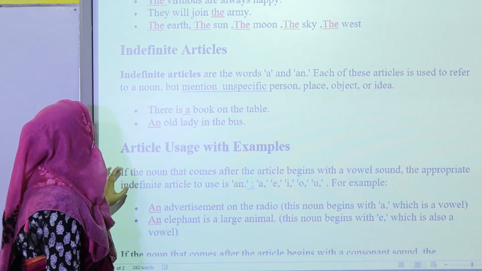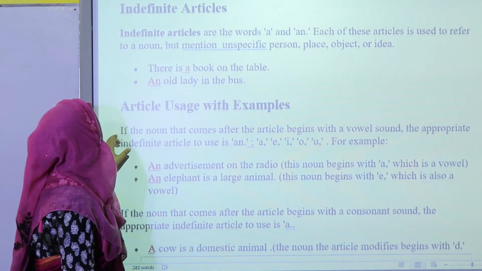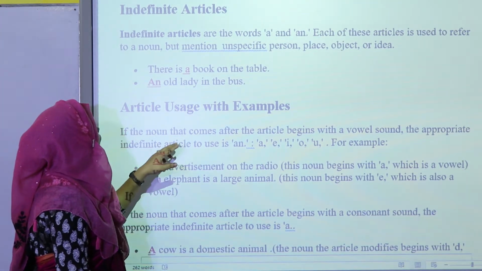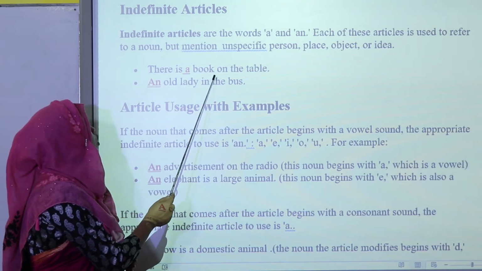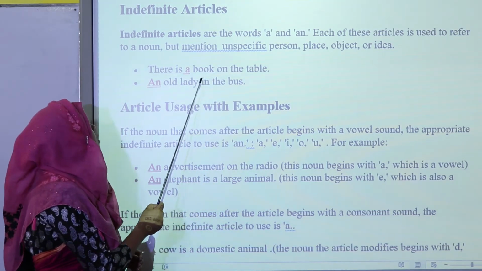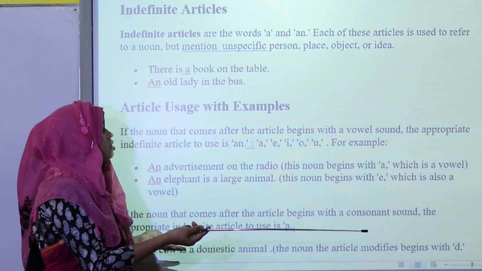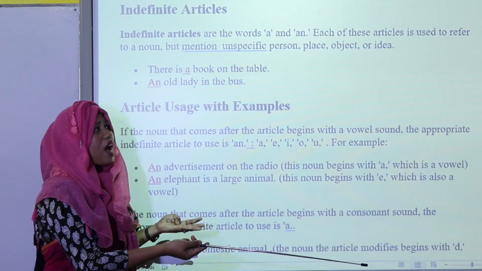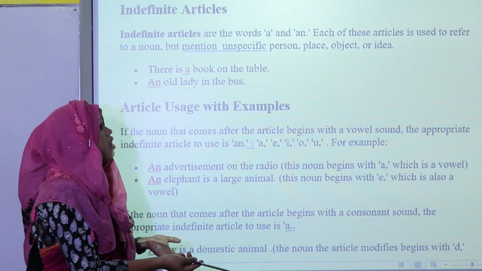When you give examples, it becomes clear to us. One, there is a book on the table. Look very carefully, my dear students. A book, any kind of book, red, blue, yellow, white, black, or novel, science fiction.